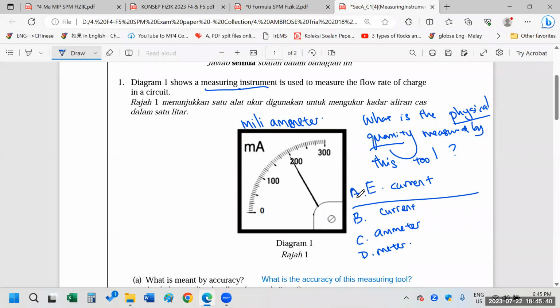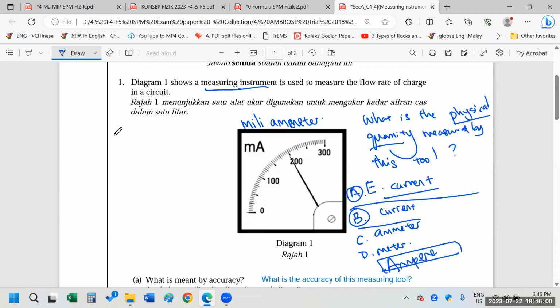Okay, the answer is A or B, electric current. Can I say ampere? The answer is no.